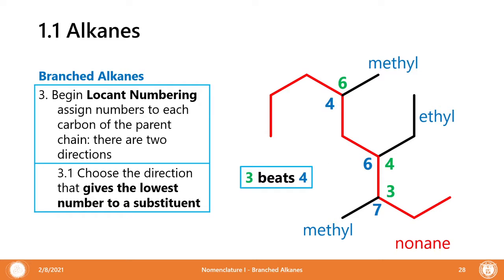If we look at these two, 4 and 3, these are the lowest numbers for each of the directions. The green path has 3 as its lowest number, while the blue path has 4 as its lowest number. And so, we will choose the green path because it has the smaller number among its set.